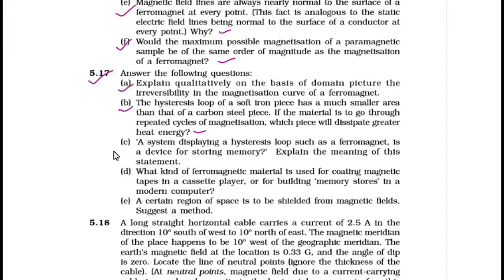Next question is C. A system displaying a hysteresis loop such as a ferromagnet is a device for storing memory. Explain the meaning of this statement. Let us see the answer.